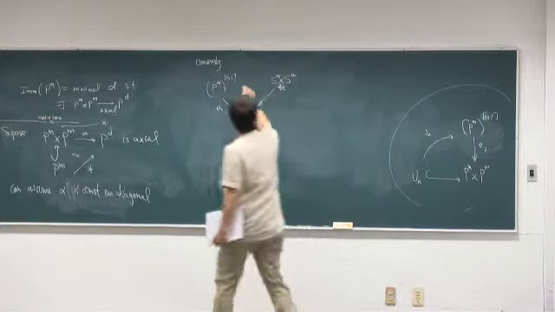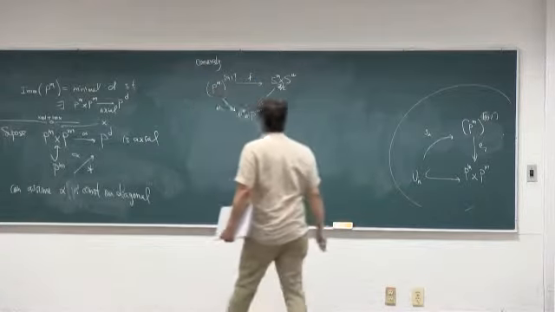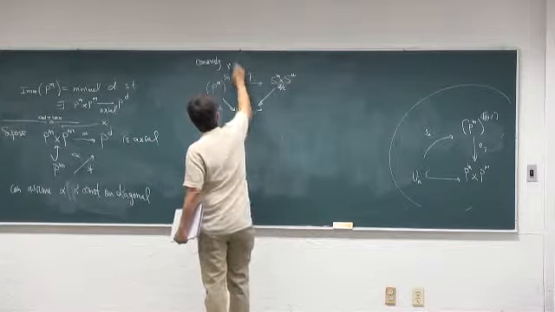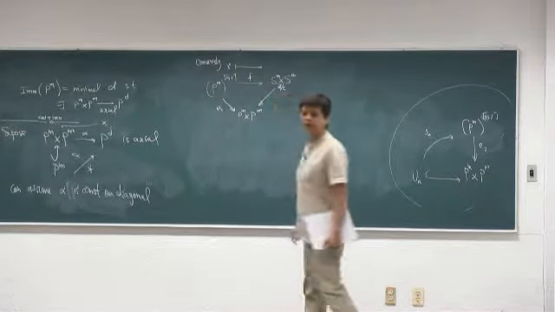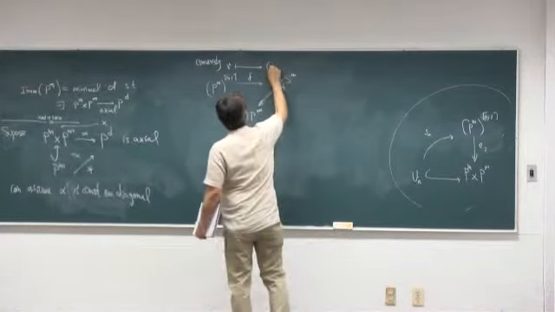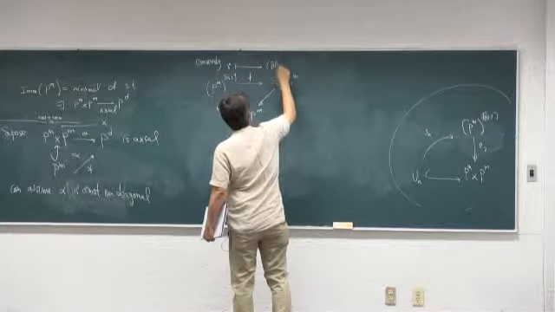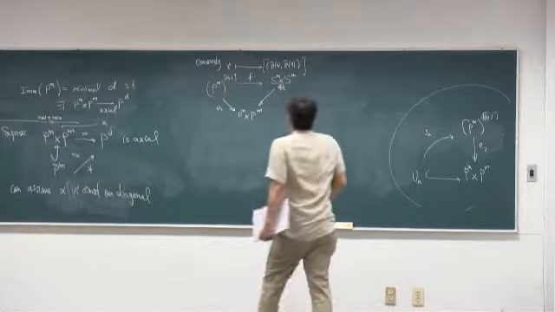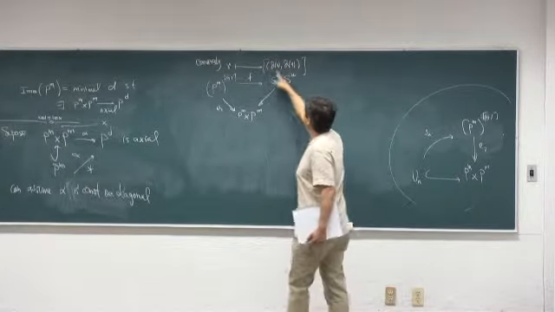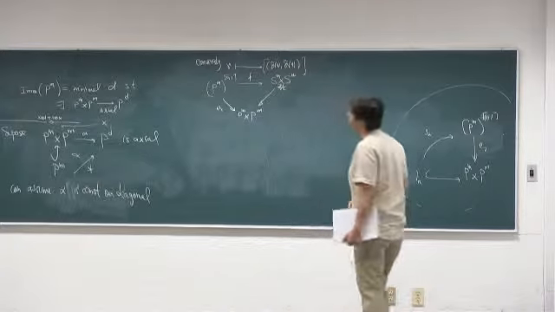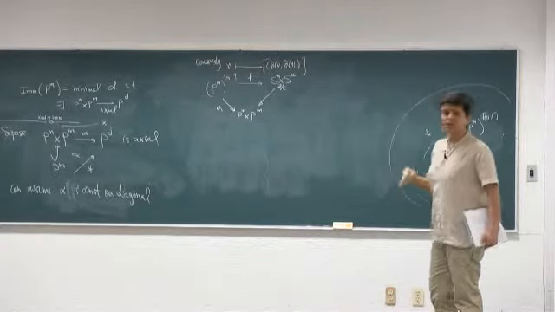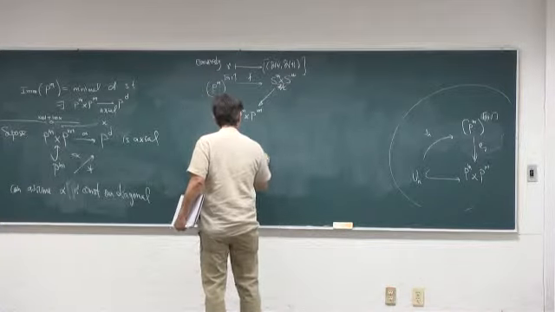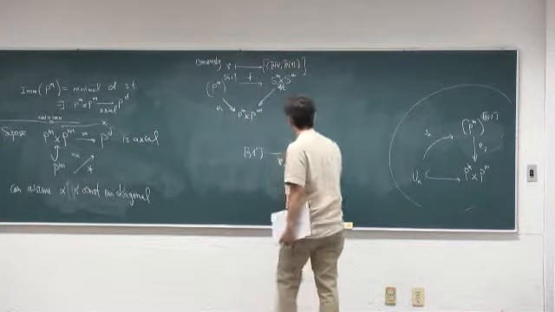Now, consider the following map, F. This map is going to send a path gamma into the class of this pair, where gamma tilde is just a lifting of gamma through the canonical double cover. Namely, gamma is a map from [0,1], a free path on P^m.